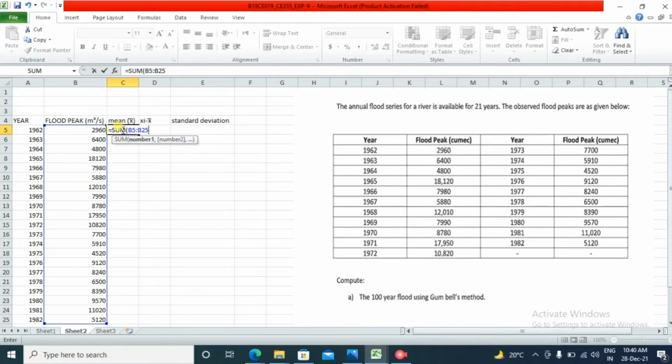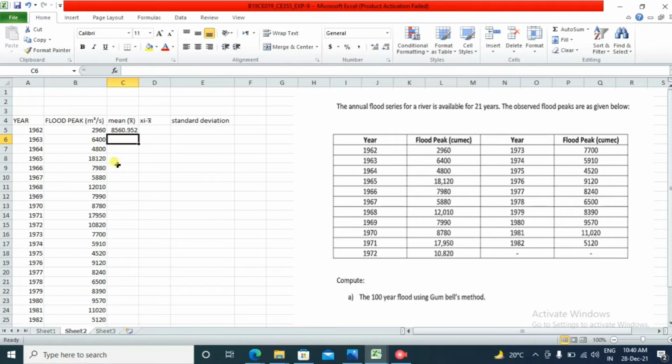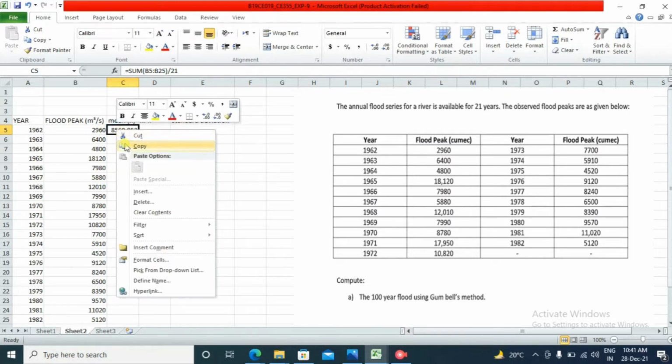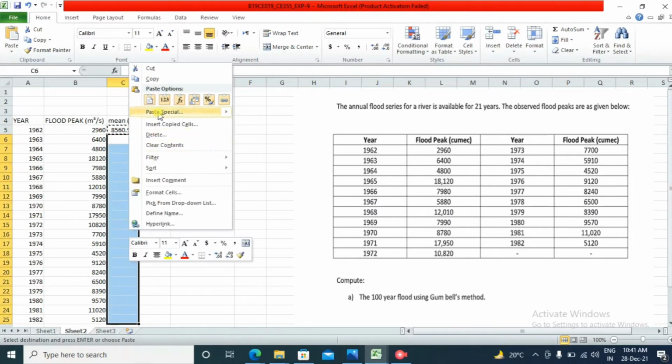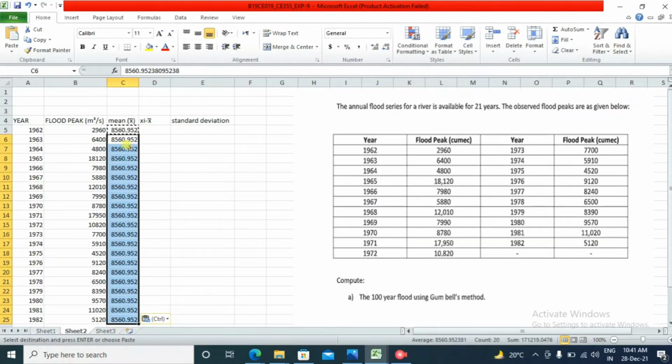We have a total of 21 data, so we have to divide by n. So sum divided by 21. Press enter. So the mean is 8560.952. For each data the mean will remain the same, so we don't need to calculate the mean again and again. We will do copy and paste, pasting till 25 data. So the mean will be the same for all.